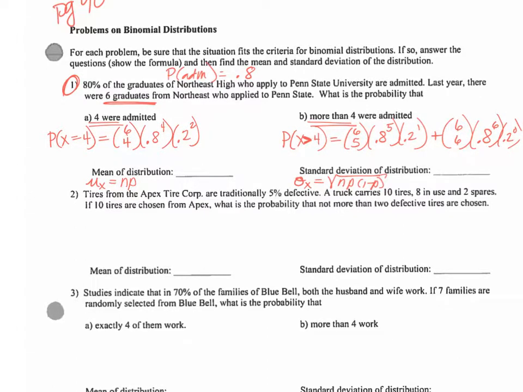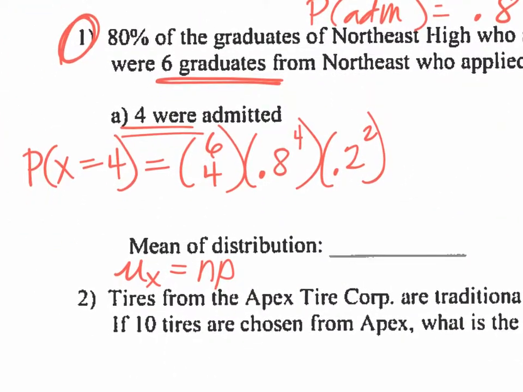All right, so let's check these. Okay, so the first one, exactly 4 were admitted. So that's the way you would write that formula to have exactly 4 successes. Now, as far as calculations go, I would do binomial PDF of 6, 0.8, exactly 4.